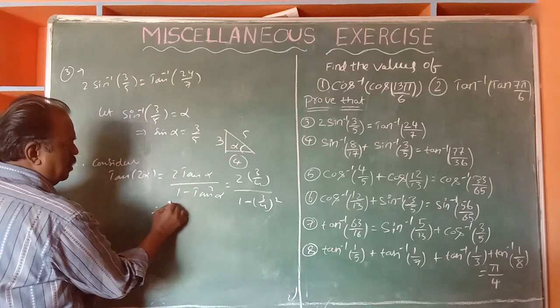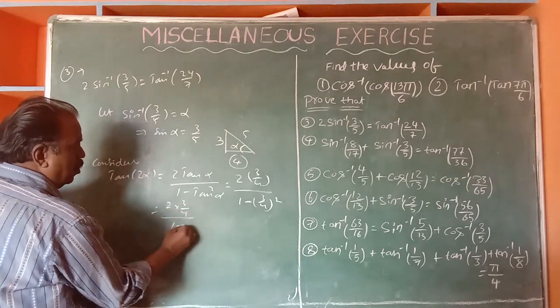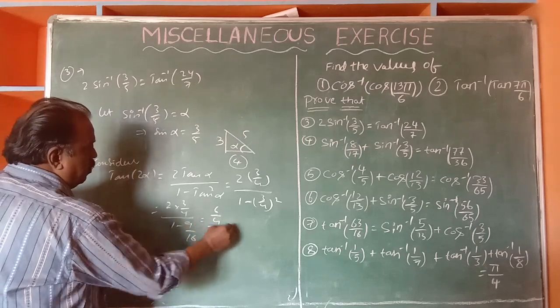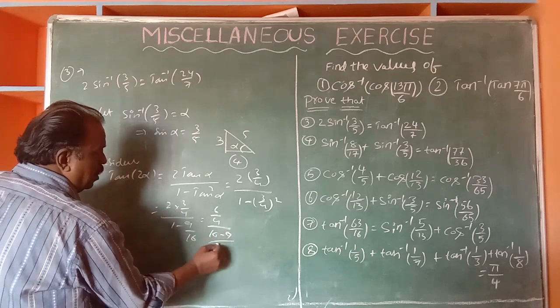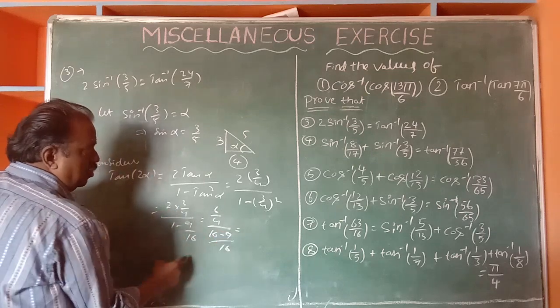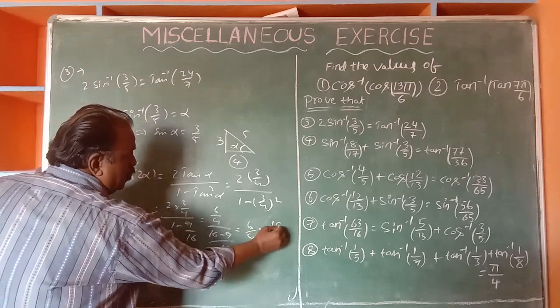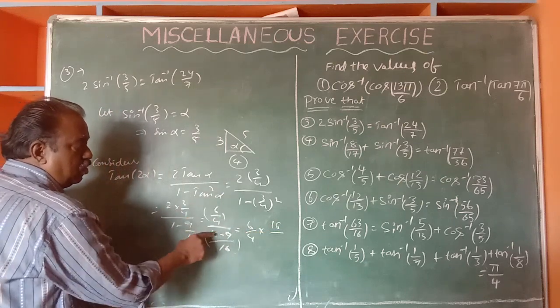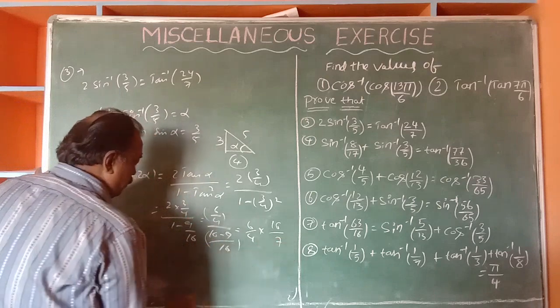It is 2 into 3 by 4 by 1 minus 9 by 16. It is 6 by 4 by 16 minus 9 by 16. Now 6 by 4 into 16 by 16 minus 9, which is 7.